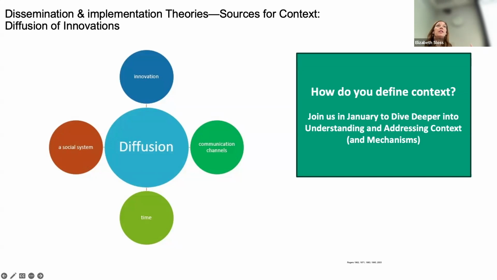But for diffusion to happen, there's a social setting or system in which that information moves, right? That's a classic example of context. You have something new, you need to get it into the system. How does it move, and what are the characteristics, social and physical, of that system are really important.